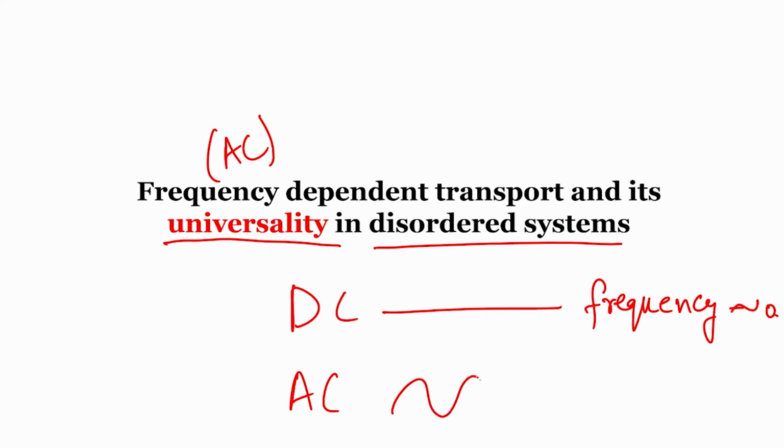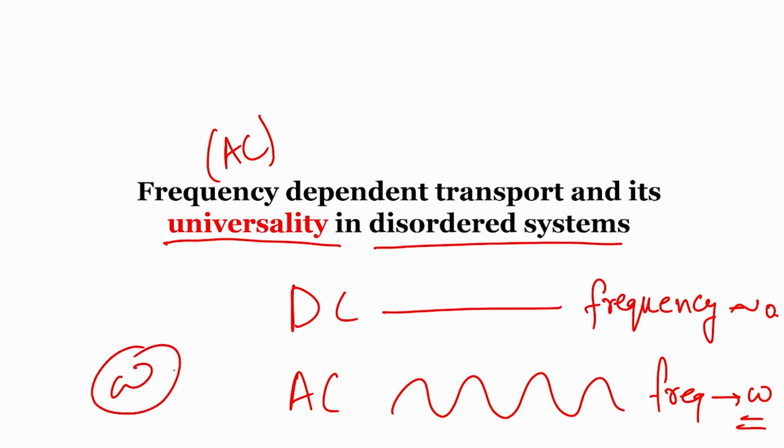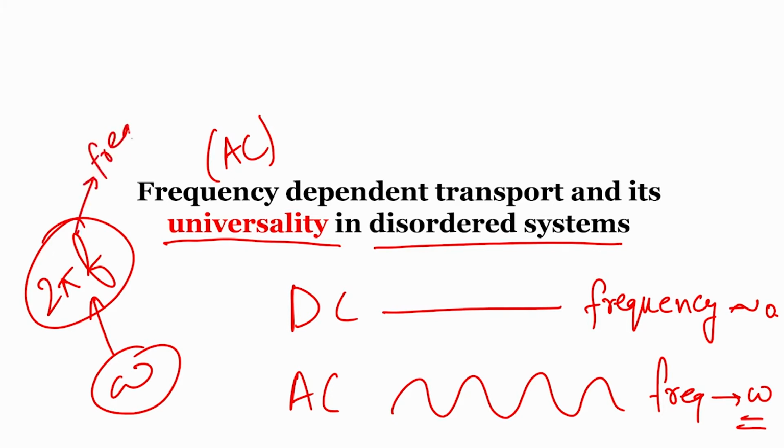there will be some frequency associated. So frequency will be finite. Let's say the frequency is denoted by omega. Omega is a standard notation to denote frequency. Its expansion is 2 pi f, where f is the standard frequency.